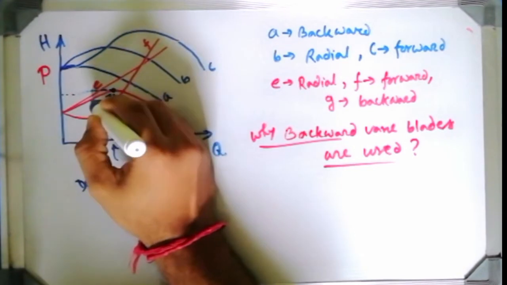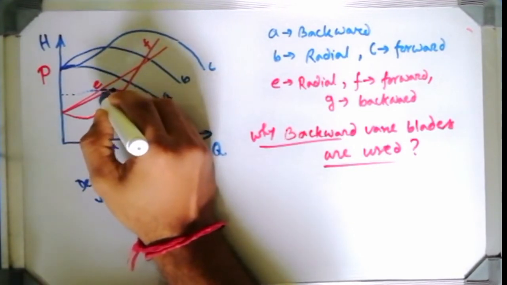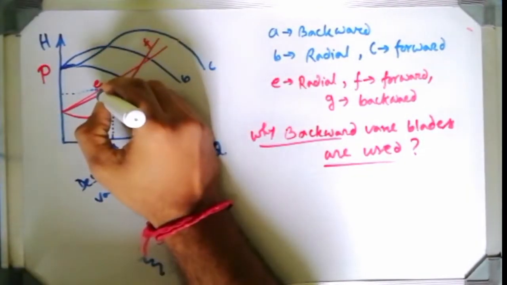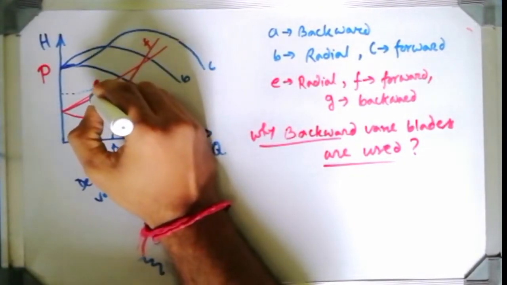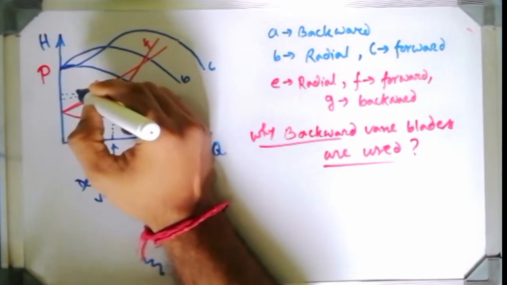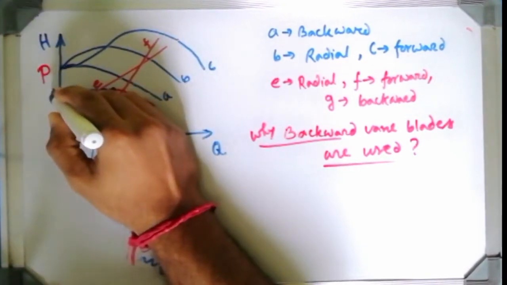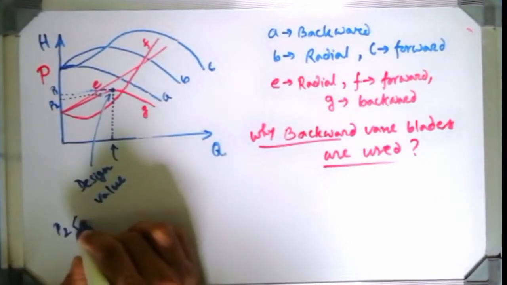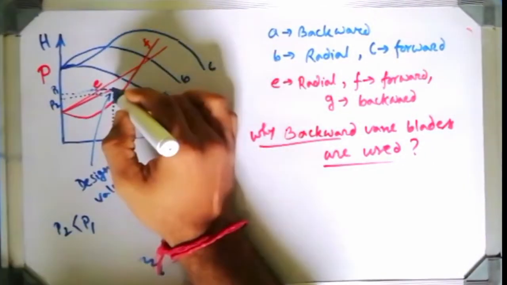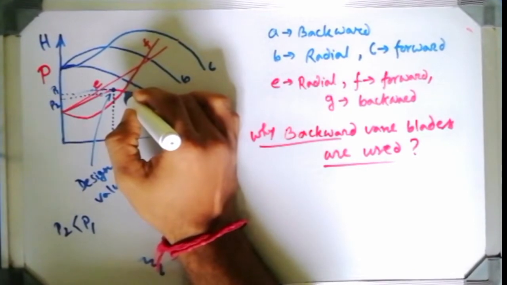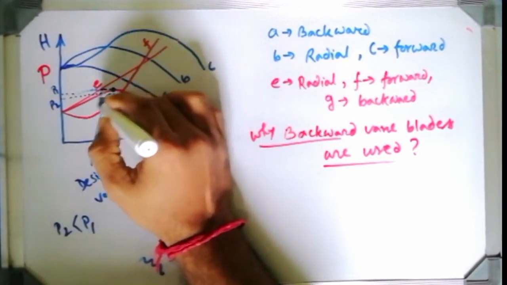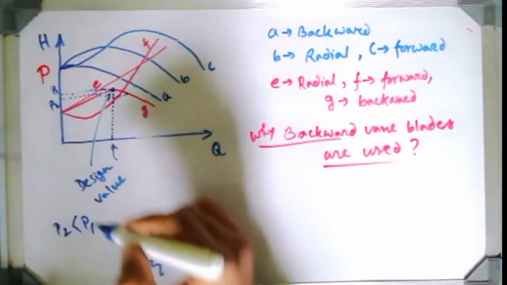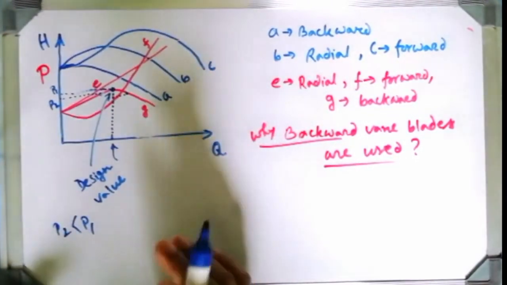If we move leftward, suppose I take this flow rate and call the design power P1 and this one P2, then obviously P2 is less than P1. Similarly, suppose I move over to this side. Again, if you transfer that point onto the power axis, you will get a power less than P1.